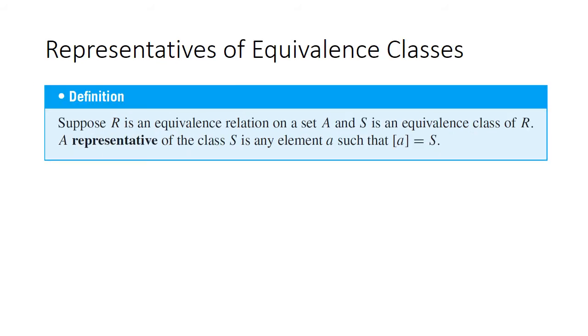One last thing to talk about before we do an example is representatives of equivalence classes. Suppose R is an equivalence relation on a set A and S is an equivalence class of R. Then a representative of the class S is any element A such that the equivalence class of A equals S. Another way to say this is such that A is an element of S. Let me just write it out.